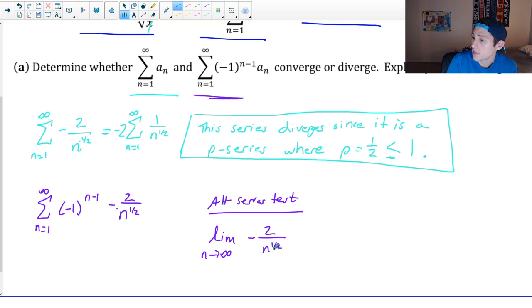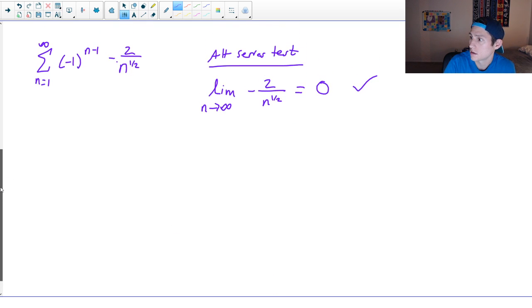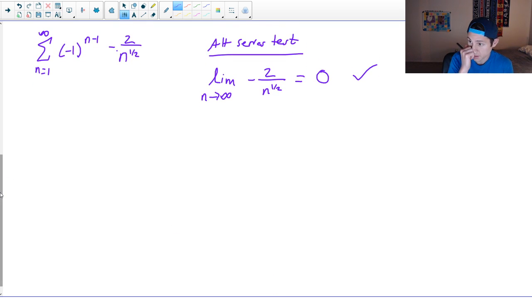This denominator of n, even though it's being taken to the 1/2 power, is still going to be getting larger and larger. The numerator is staying 2. So this limit is 0, which is the first thing that we want. When we do this limit, we just look at this part, we don't look at the alternating part. So that first check is good.